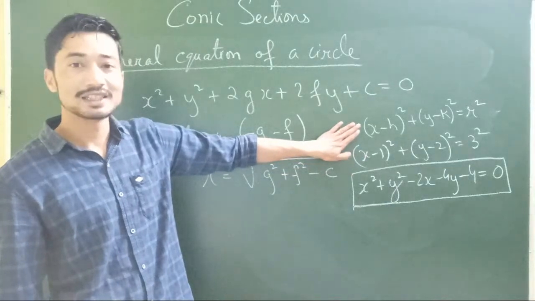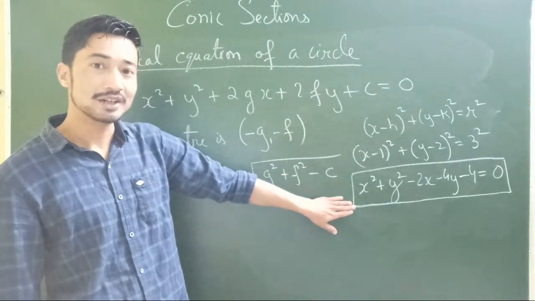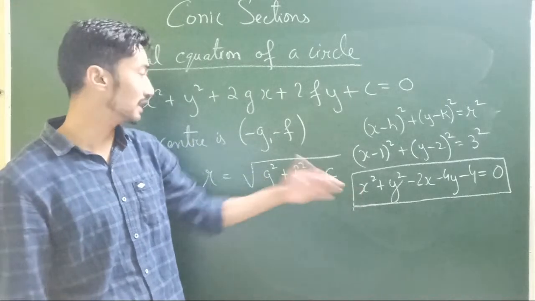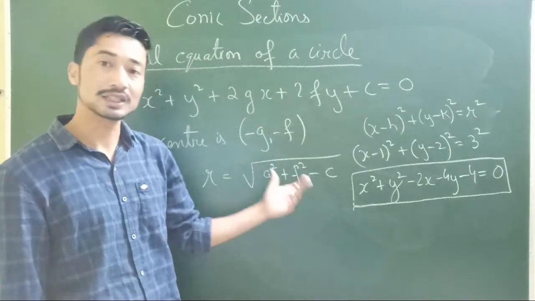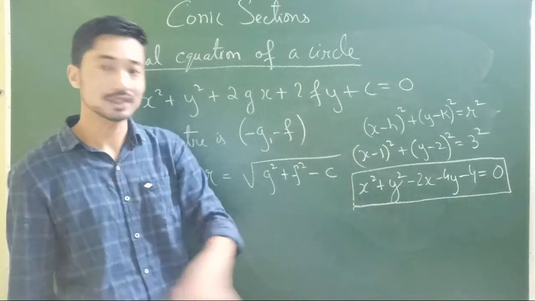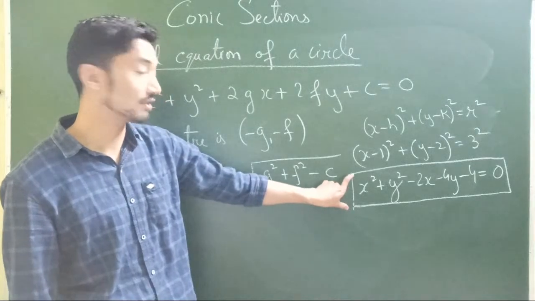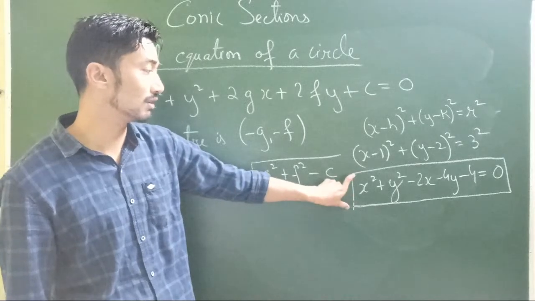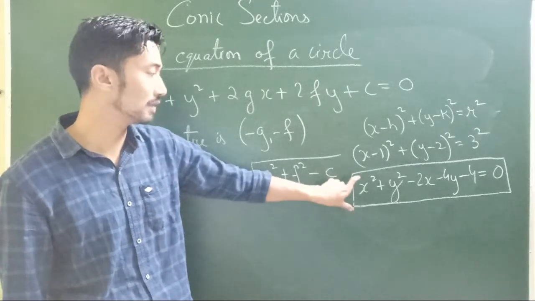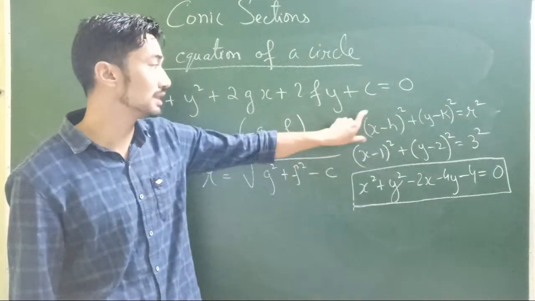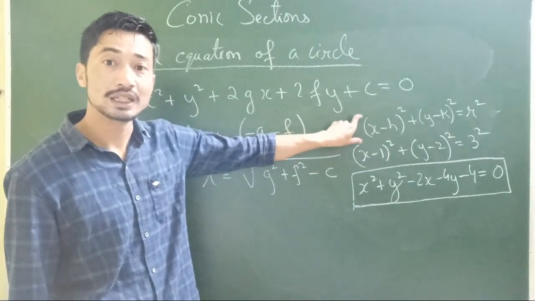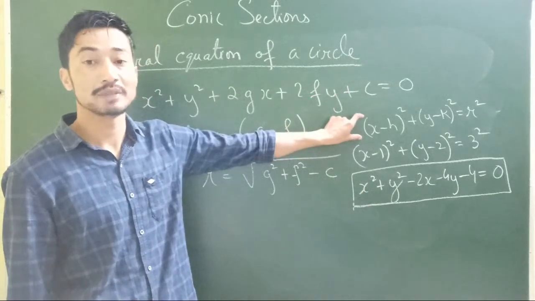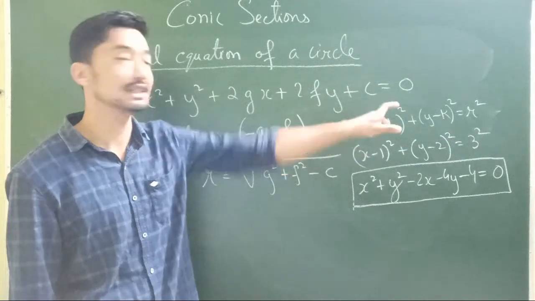So as I was telling you, this is the standard form, this is the general form. If we know the equation of the general form, then it becomes very easy for us to identify the center and the radius. Otherwise, for a person who doesn't have knowledge of the general form, once the general form is given, he will have to spend some time converting it into the standard form, after which only he will be able to identify the center and the radius.